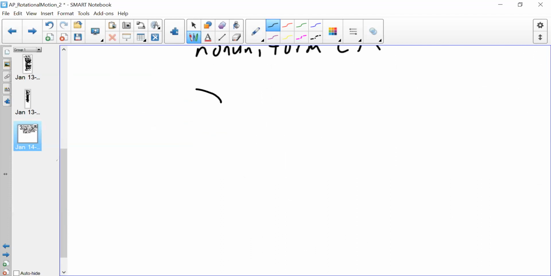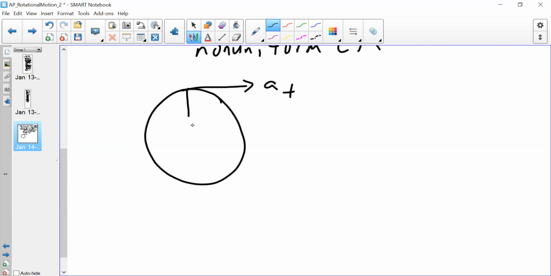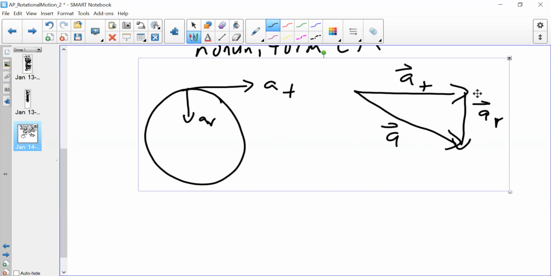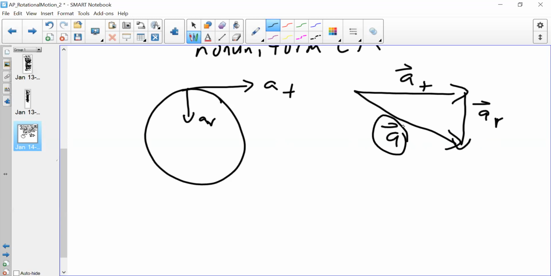So the picture, we have a tangential acceleration as well as radial. And then we talked about that in section 4.5, where we had this total acceleration happening. So I'll call it a sub T, a sub R. And if we want to find the magnitude of this, we use the Pythagorean theorem, just as we do with any vector, going back to chapter 3, using the basis vectors there.